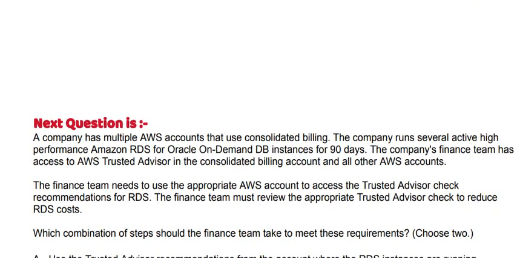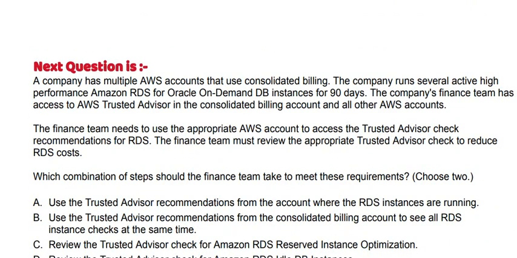Next question is: a company has multiple AWS accounts that use consolidated billing. The company runs several active high-performance Amazon RDS for Oracle on-demand DB instances for 90 days. The company's finance team has access to AWS Trusted Advisor in the consolidated billing account and all other AWS accounts.